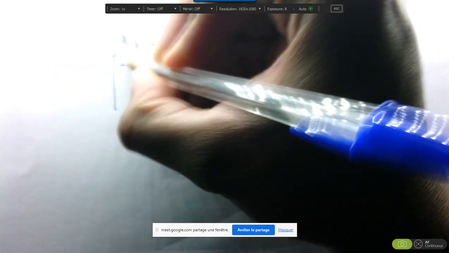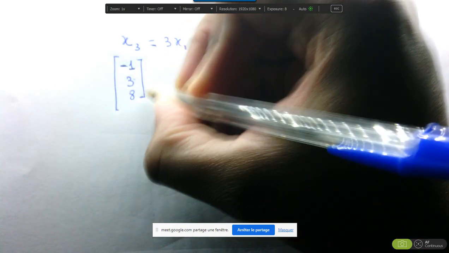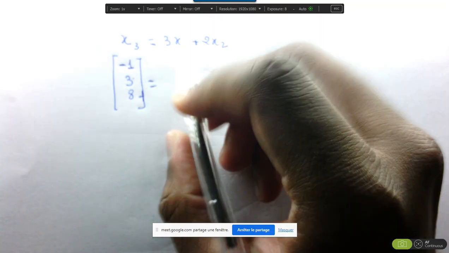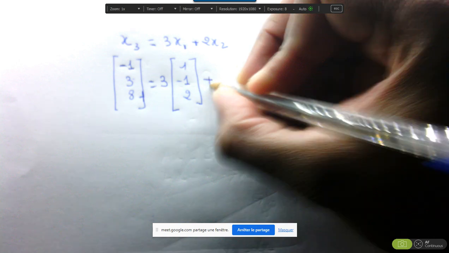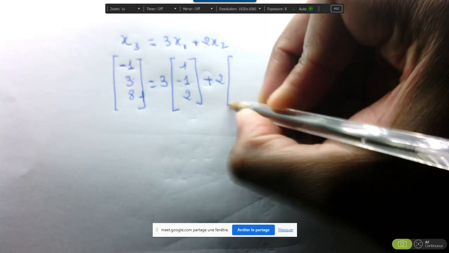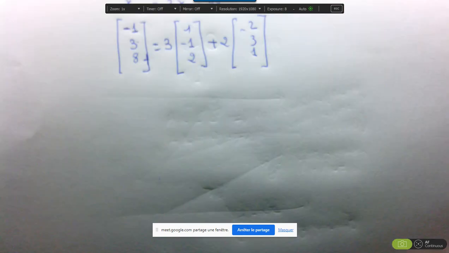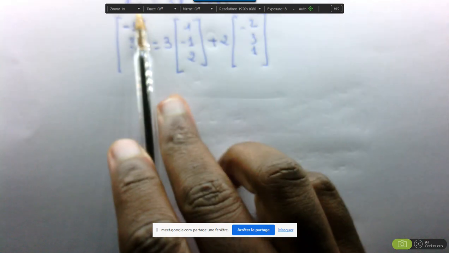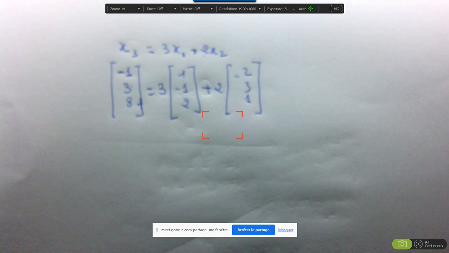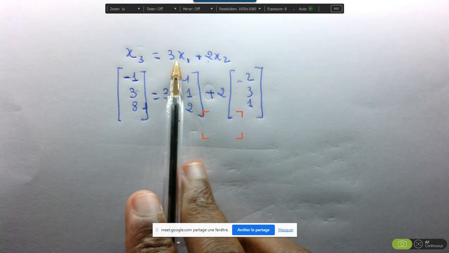Suppose that x sub 3 is this vector (-1, 3, 8), and that is equal to 3 times another vector here, (1, -1, 2), plus 2 times (-2, 3, 1). So here I can see that x3 can be written in terms of x1 and x2.